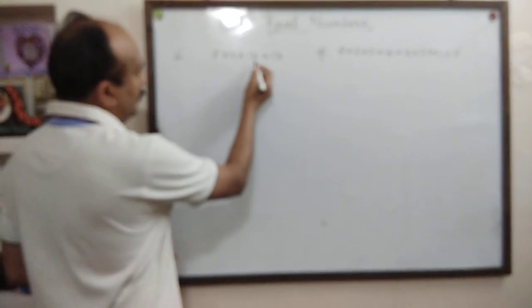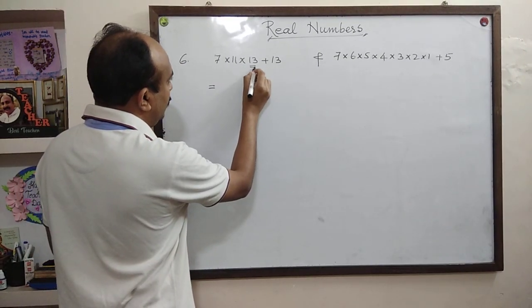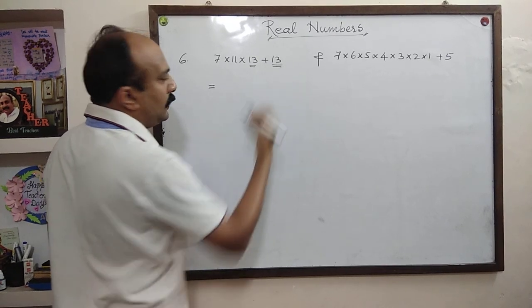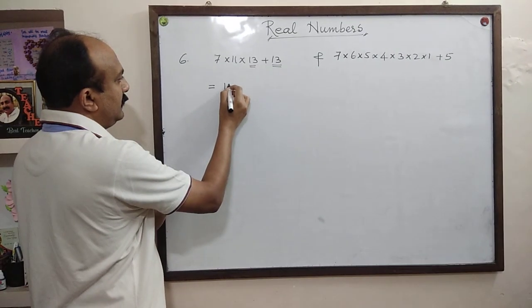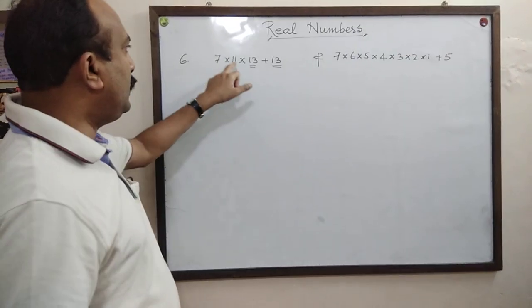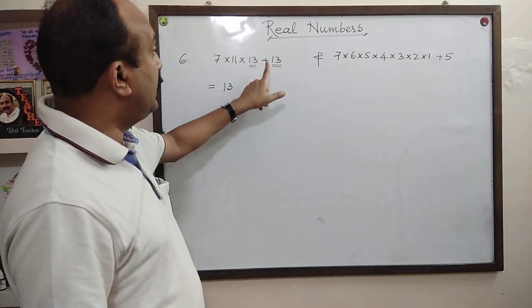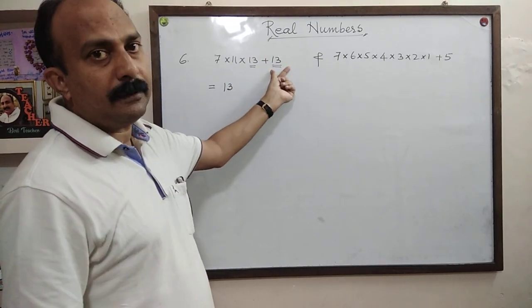7 into 11 into 13 plus 13. It can be written as: there is a 13 here and there is a 13 here also. So this 13 is common in both. See, 7 into 11 into 13, till here it is called one term. Plus 13, this is the second term.